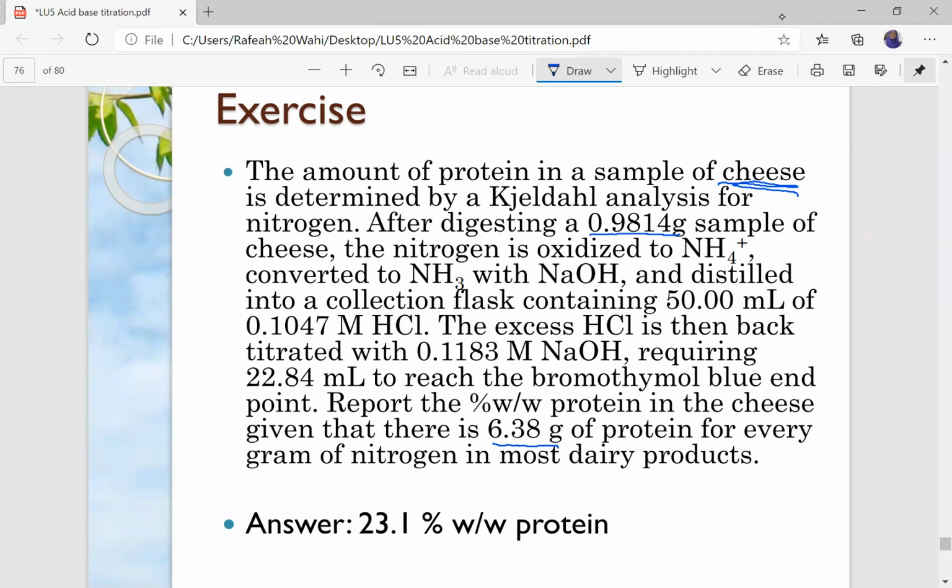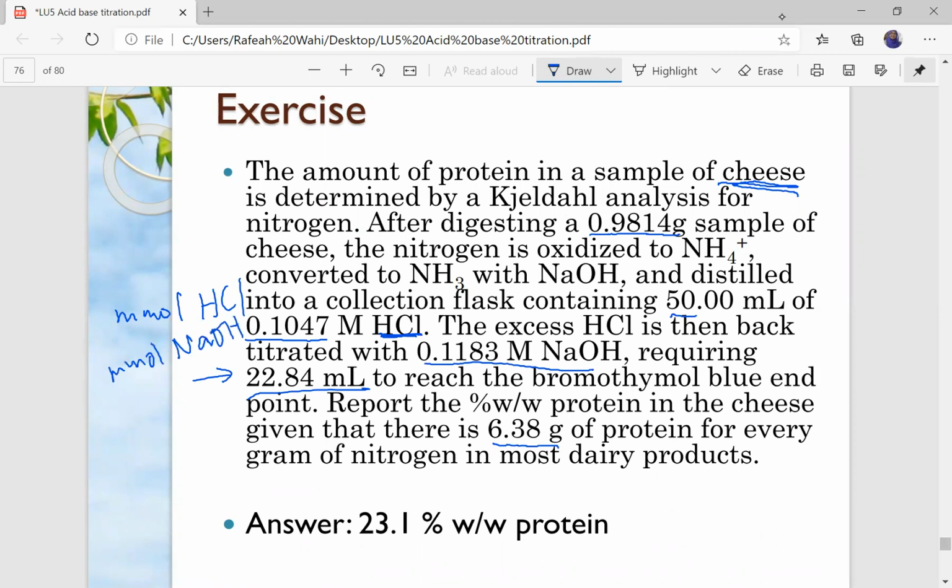And then we have HCl, volume 50 and concentration 0.1. So you can calculate millimole HCl from here, and then millimole of NaOH from here.